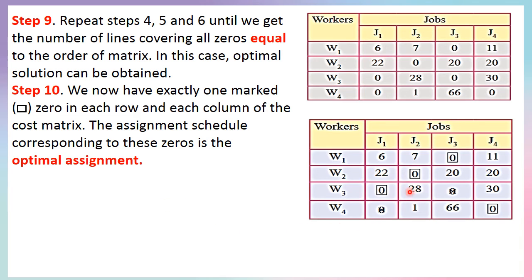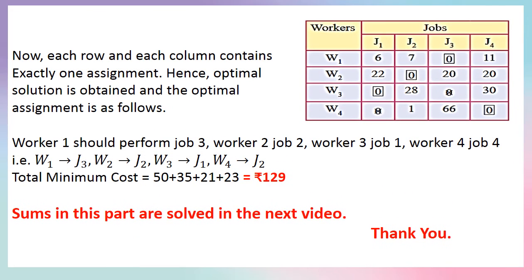Now we just check each row and each column. You can observe that exactly one assignment is done in each row and each column. So here we have made the optimal assignment.